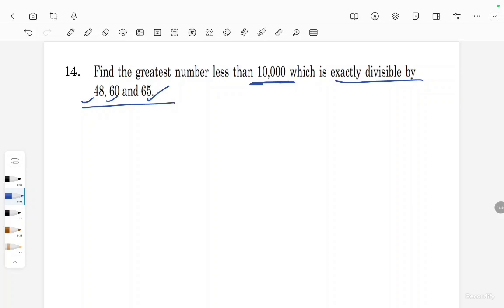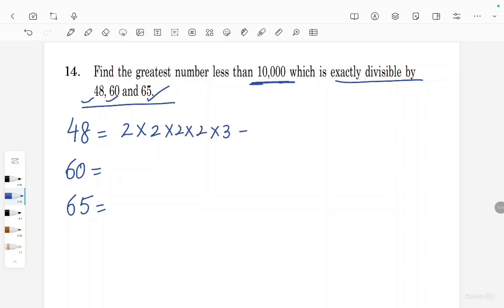How will we do that? First of all, make the factors. 48 can be expressed in prime factors as 2 raised to power 4 into 3.